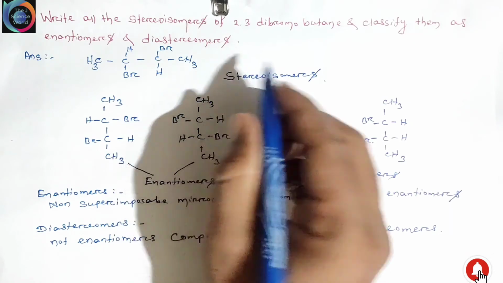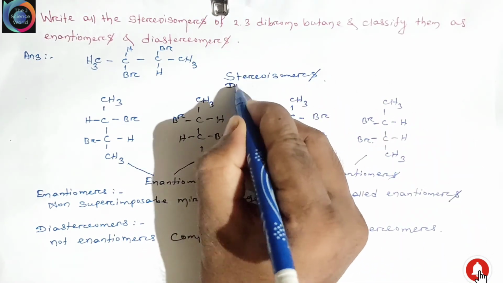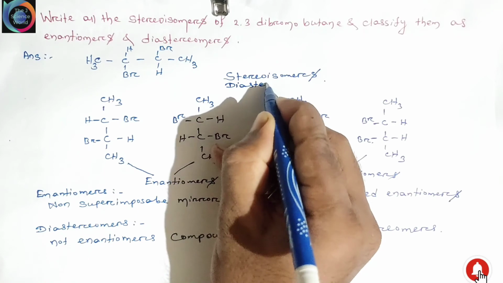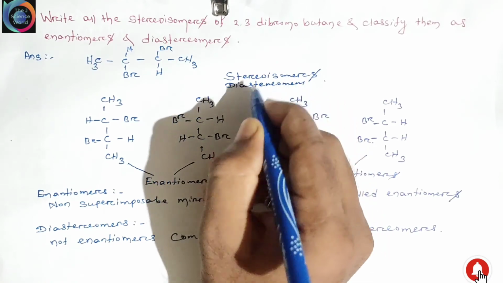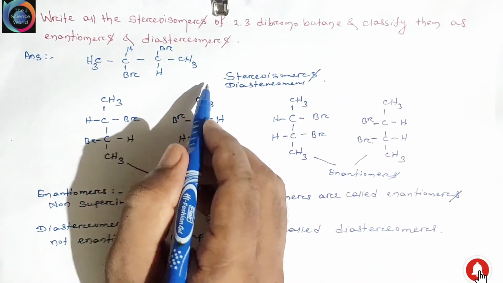But in diastereomers, on the other hand, there are 4 diastereomeric pairs.